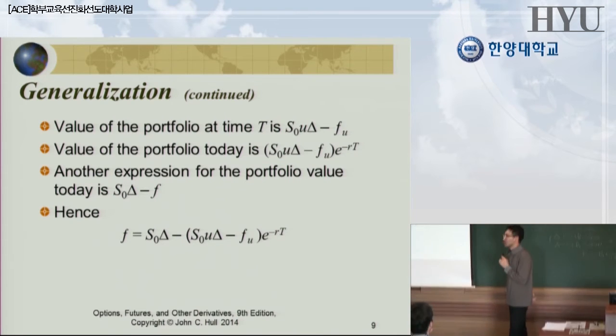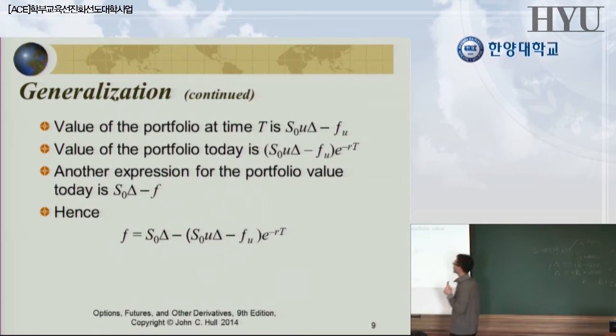And then we know the value of this should be, because we have delta number of stocks and one short position, the value of the current position should be S0 delta minus F0. And this is the value of the portfolio now. And this is the discounted cash flow from this portfolio. Therefore, they should be exactly the same, right? Therefore, F should be like this.